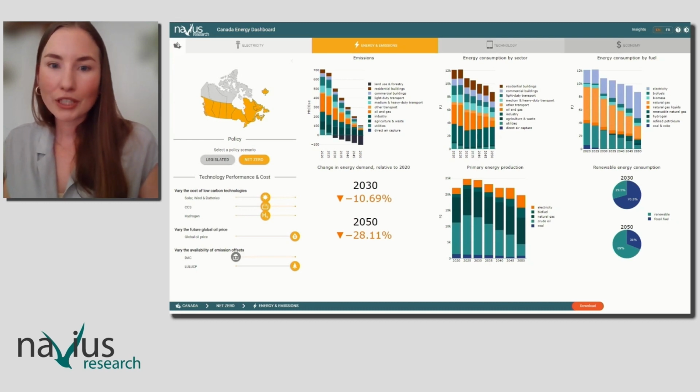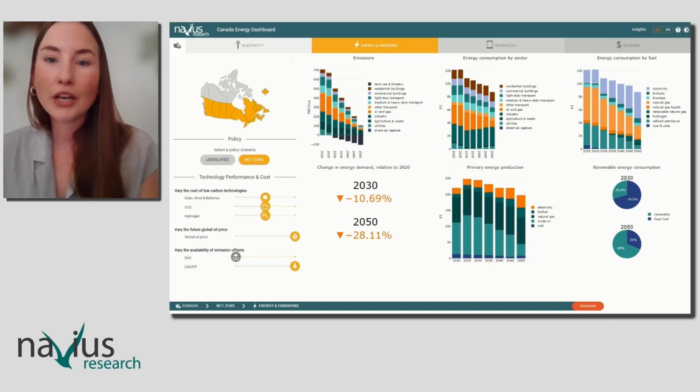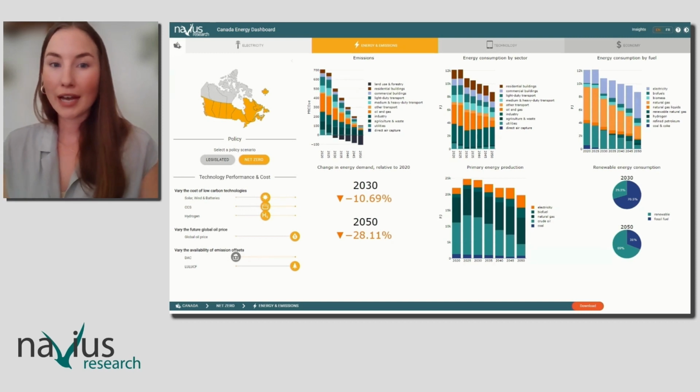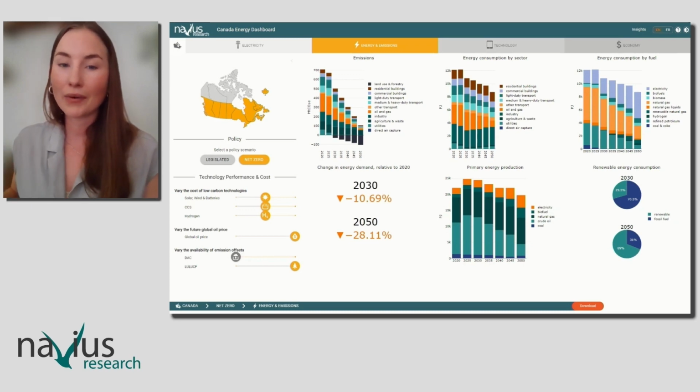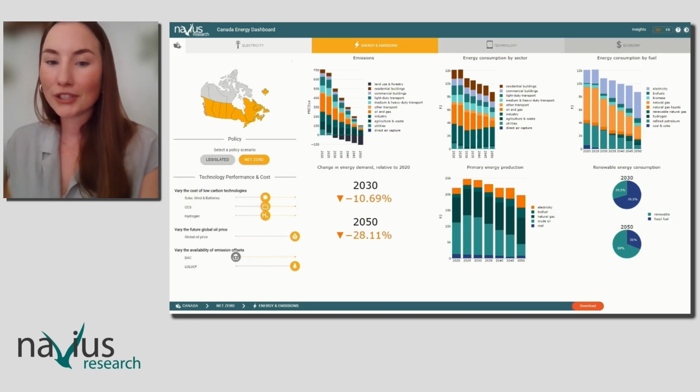We have another question here, which is: electrification, as the dashboard illustrates, will create incredible demand for energy storage in the form of batteries. Current battery technologies require significant mining for battery input materials. Can we speak to the environmental impacts of electrification now and in the net zero future?